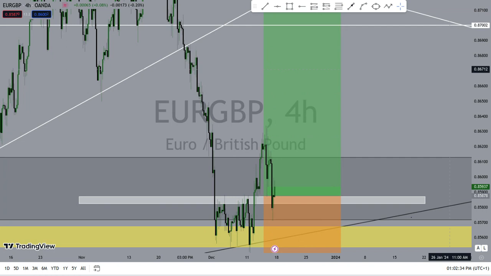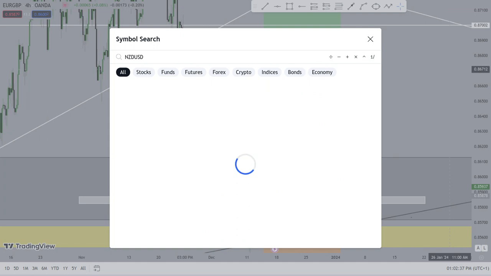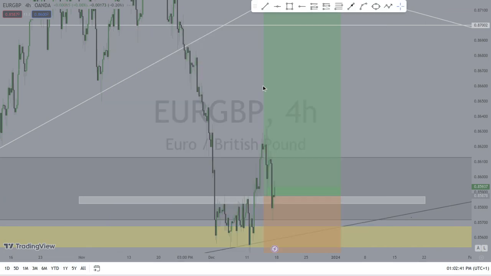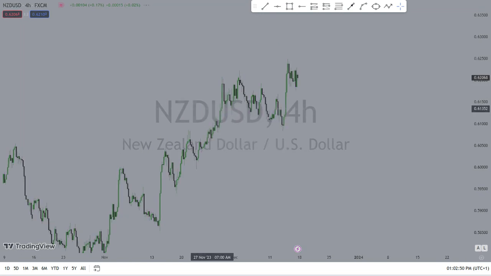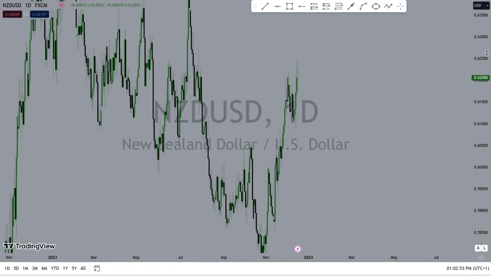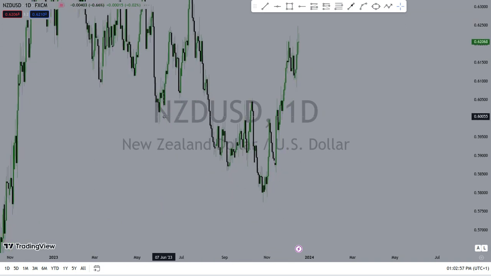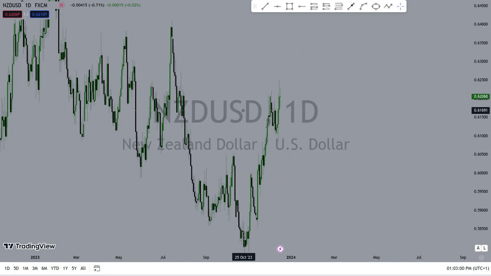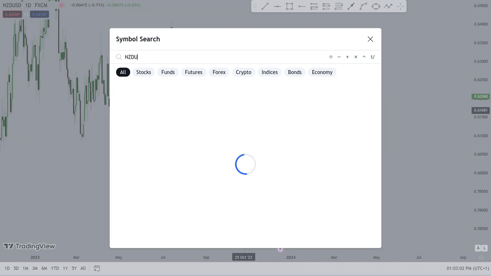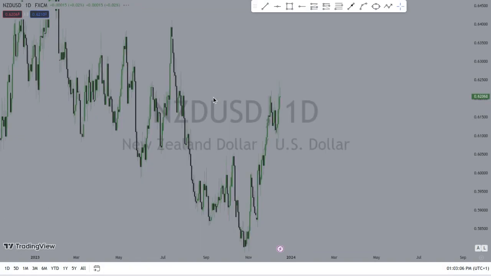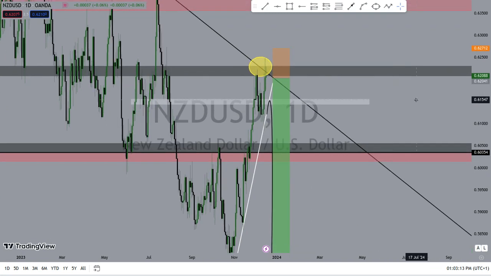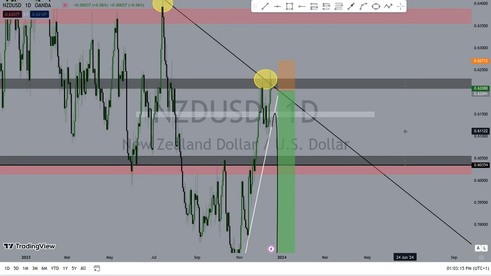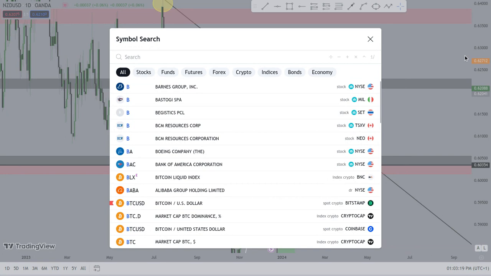So on NZDUSD, we projected a bearish momentum for price.